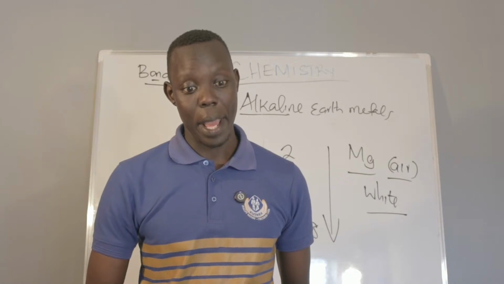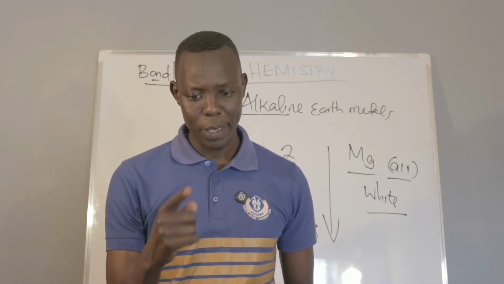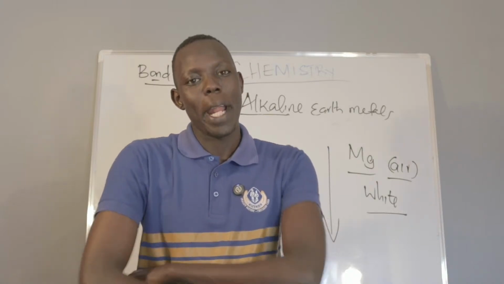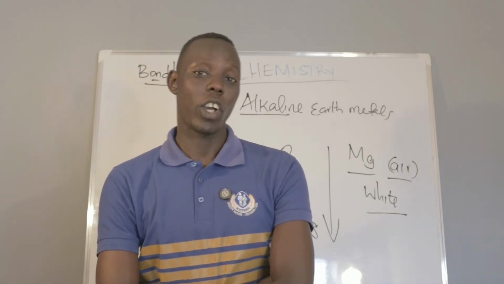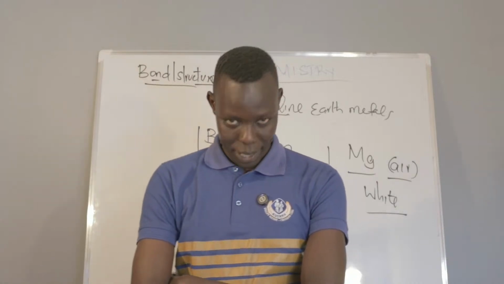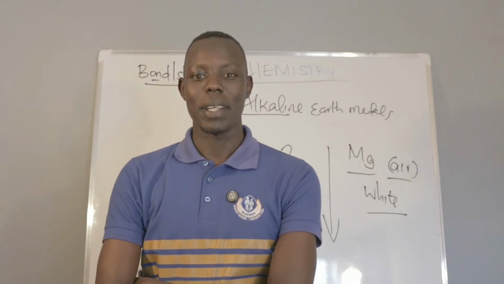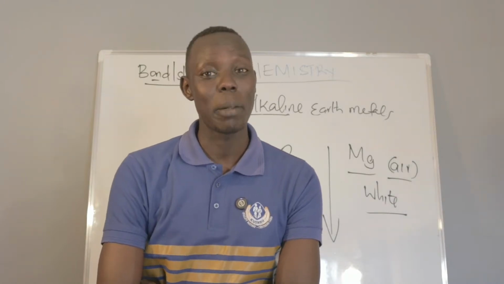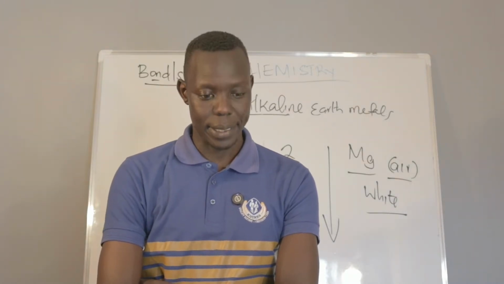Now, let me explain that question before I finish. When you burn magnesium in air, it gives you magnesium oxide, and also magnesium nitride. When you add water, magnesium oxide will give us magnesium hydroxide, which is a base.